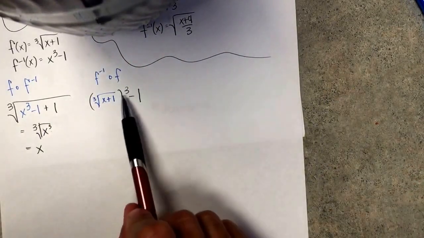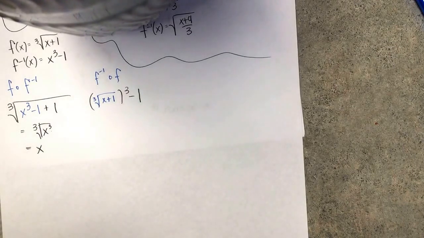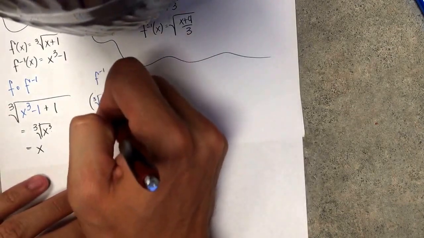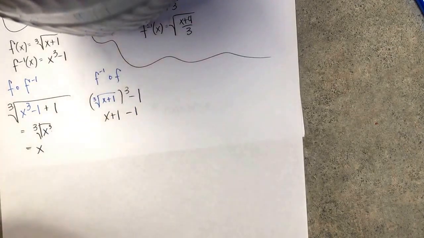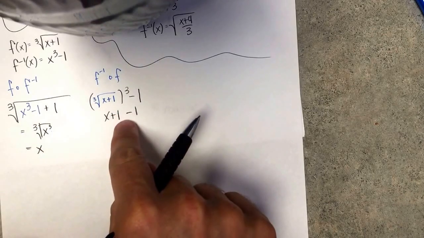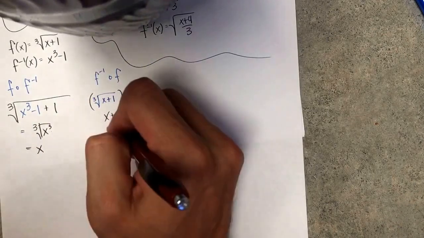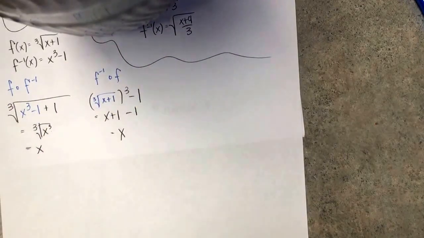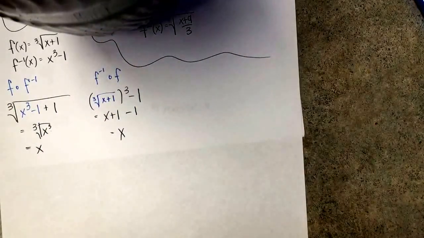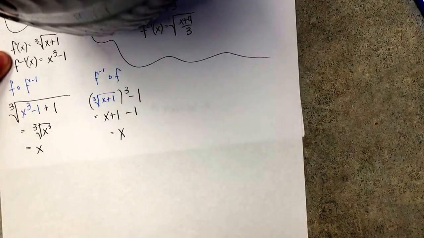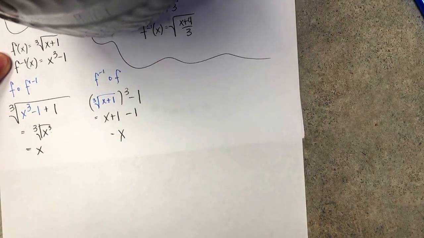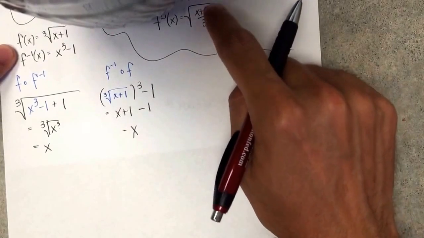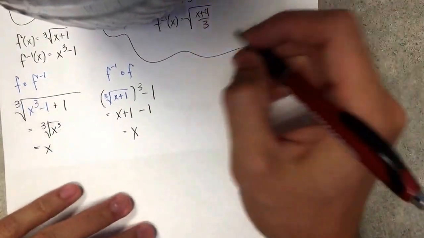Simplifying this, cube root cancel out. So I'm left with x plus 1 minus 1. The 1's cancel out, and I'm left with just plain x. So doing the composition both ways gives me just plain x, which means that these two functions are in fact inverses. I'm going to do the same thing with the one that we did in the previous example also.